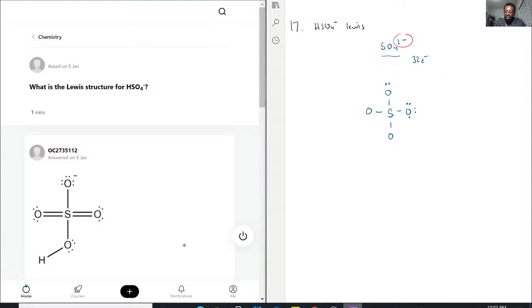And then for the sulfur, it's right now sharing 4 of its 6. And now I'm going to just freely throw in the extra negative from the sulfate ion, that's 2-.